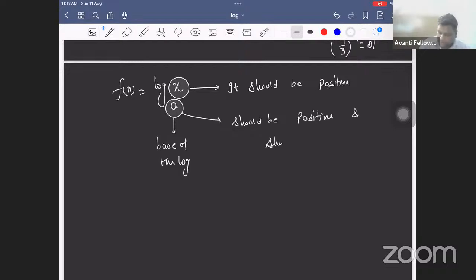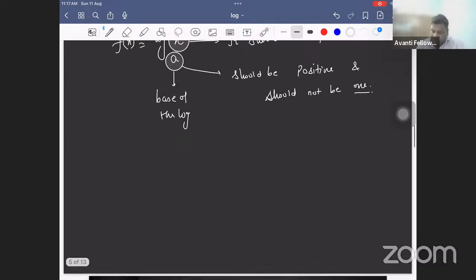and should not be 1. Component of log x should be positive. Its base a should be positive and it should not be 1. These are the basic conditions for any logarithmic function to be defined.